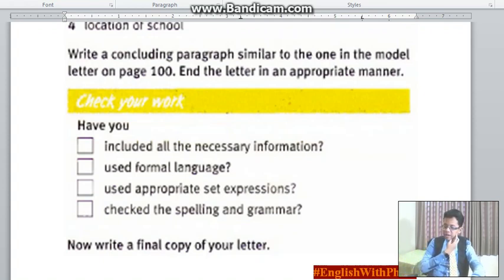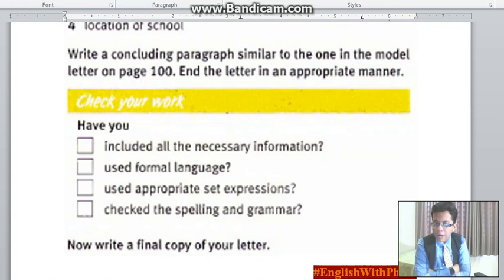And then what will you do? You have to put your signature in, sign it, and print your name under the signature that you have written. And then what will you do?